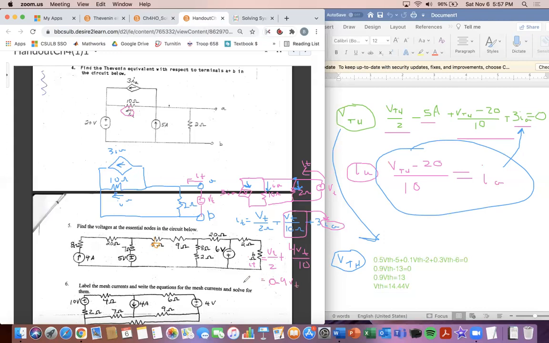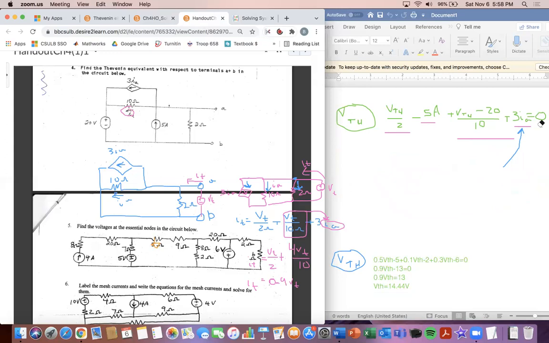And now that I know I of T and I know VT, I'm going to erase this upper part here because we found the Thevenin equivalent voltage down there, just because I'm running out of room. So now that we know this equation, it's pretty important because you're going to see our R Thevenin is equal to the test voltage divided by the test current.